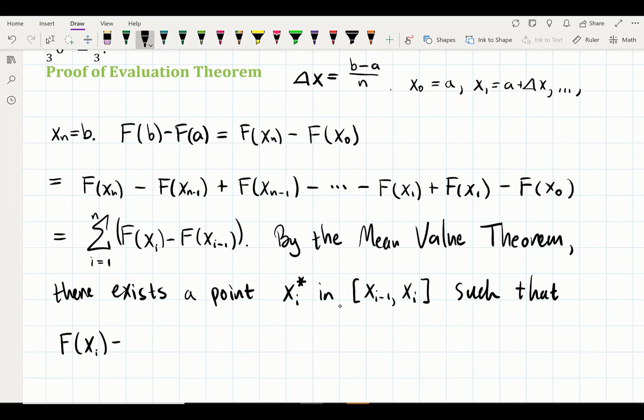Such that the difference in the values of capital F at the endpoints of that interval is the derivative evaluated at this special point times the width of the subinterval.